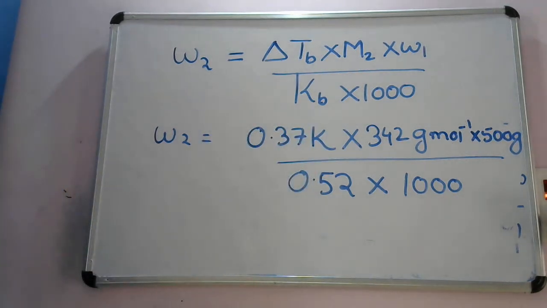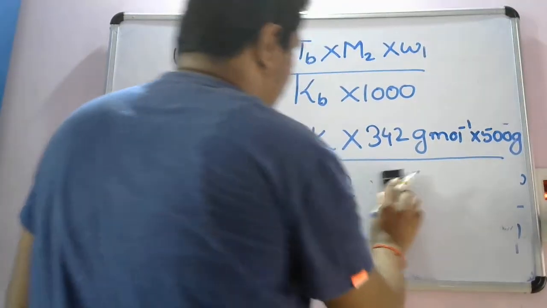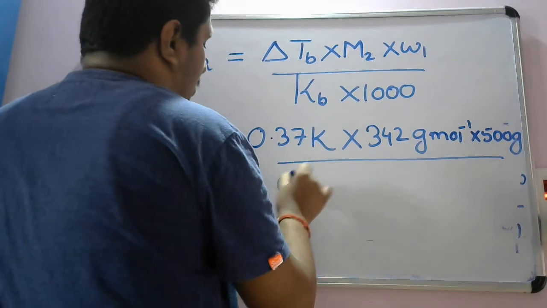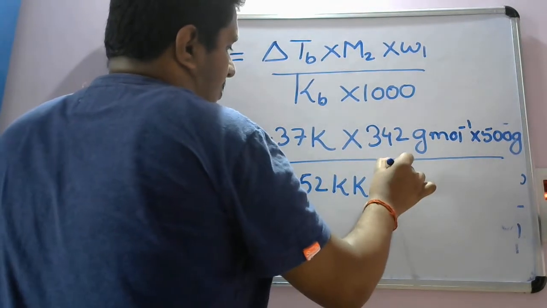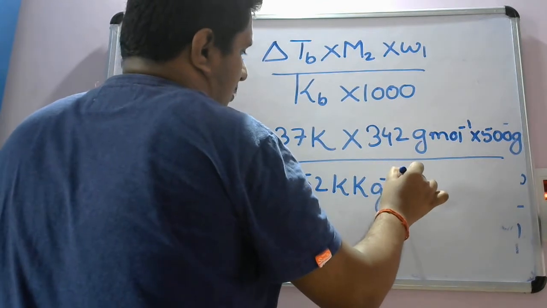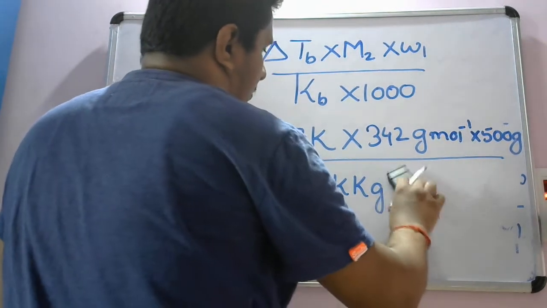Now when we calculate this, I am also writing the unit of molal constant, 0.52 Kelvin kg mole inverse.